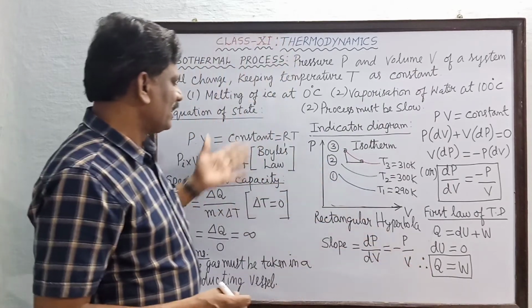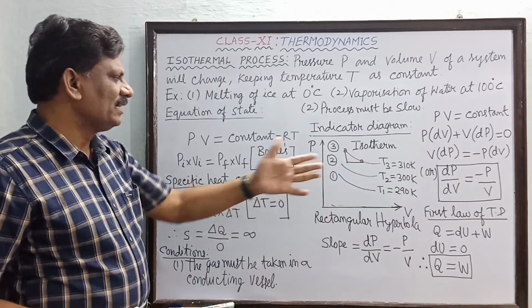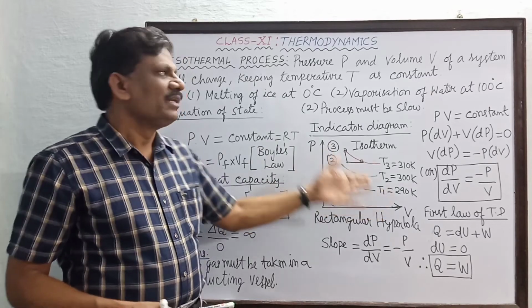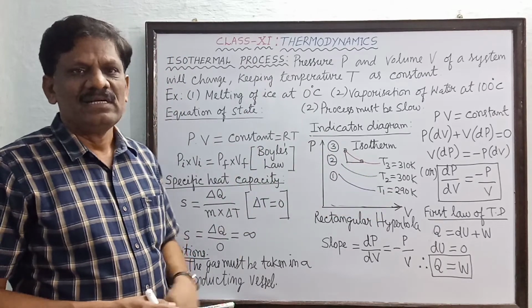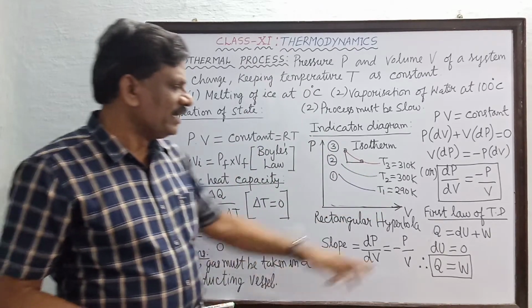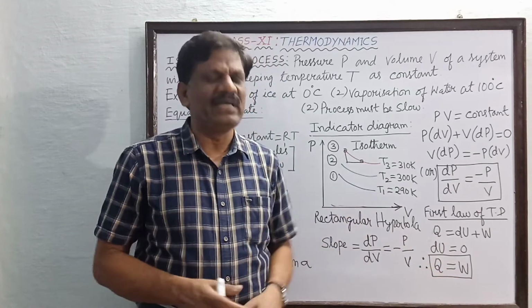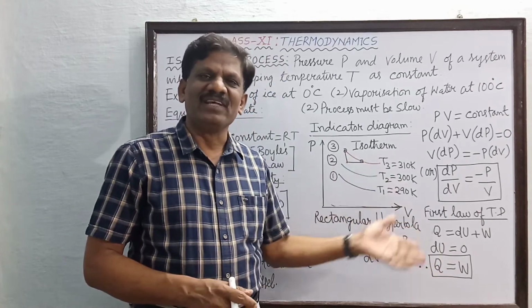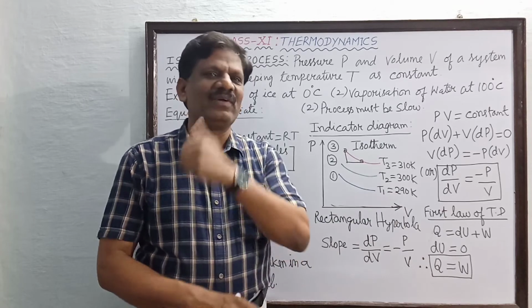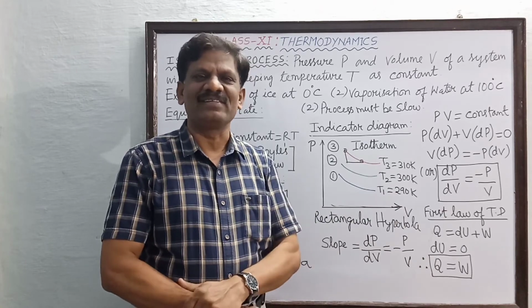These are the other pieces of information we must remember regarding an isothermal process. Next we are going to derive an expression for the work done by the system during an isothermal process. I hope we have understood thoroughly about the isothermal process. Fine.